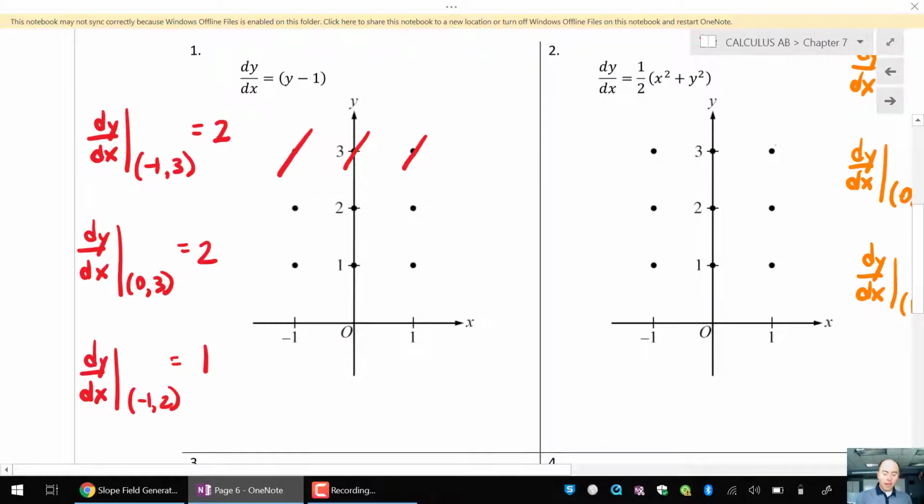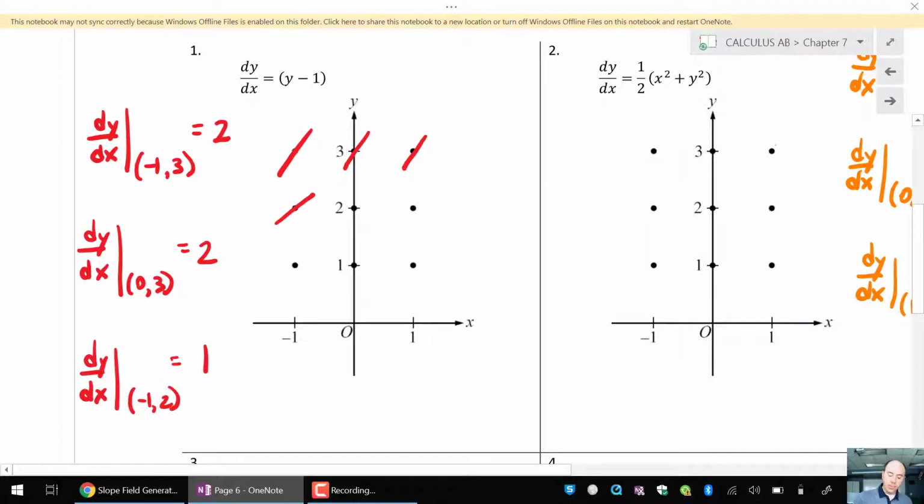And then on the left, I'm just sort of showing you what we're doing here. dy dx evaluated at the point -1, 3, and then 0, 3. Here's one where I evaluated the derivative at -1, 2. That slope would be positive 1, so a little bit less steep of a slope than I had earlier.